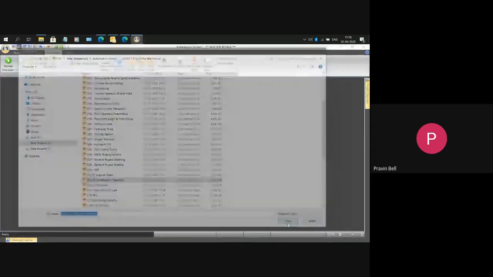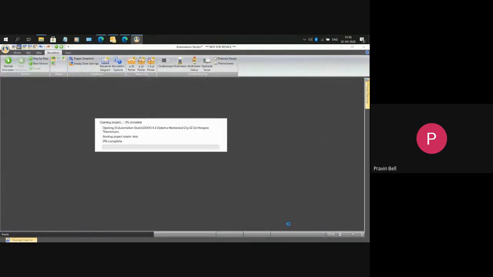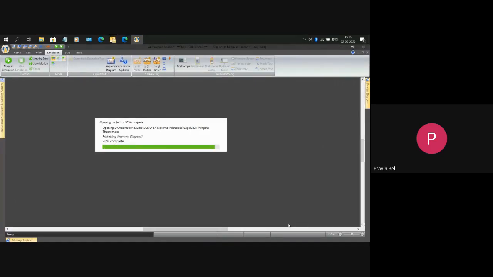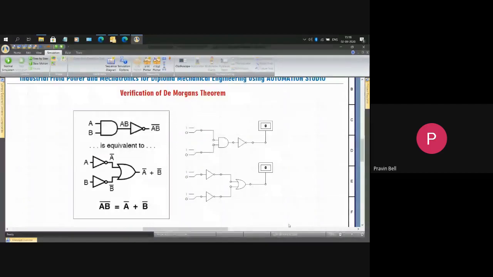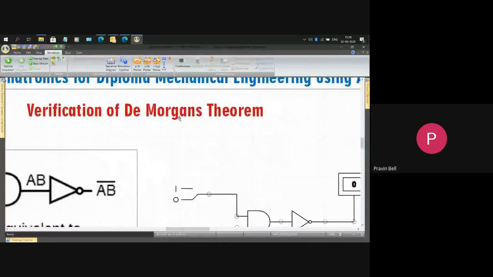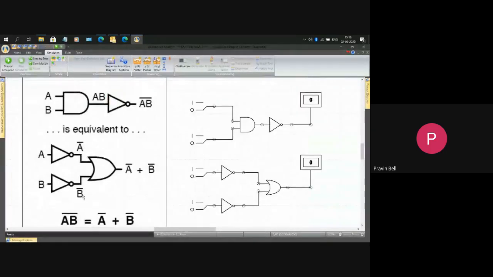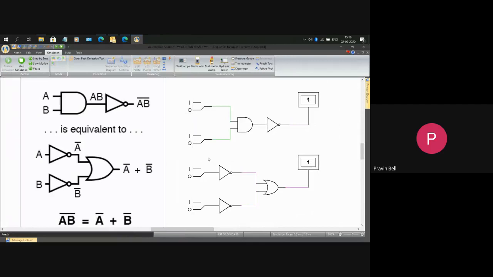Then Automation Studio also has digital electronics: AND gates, OR gates, SR, JK, D flip-flops, coders, decoders. You can do these practicals also. In this case, we have taken verification of De Morgan's theorem. De Morgan's theorem says that (AB) bar is equal to A bar plus B bar. In Automation Studio, we build this circuit on the right-hand side, and we can do the verification.